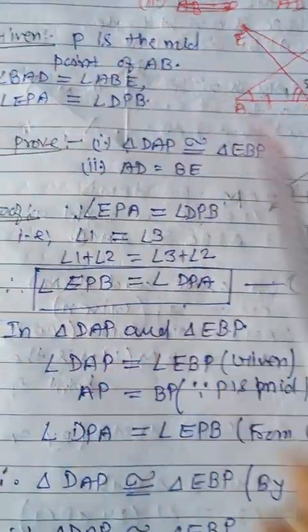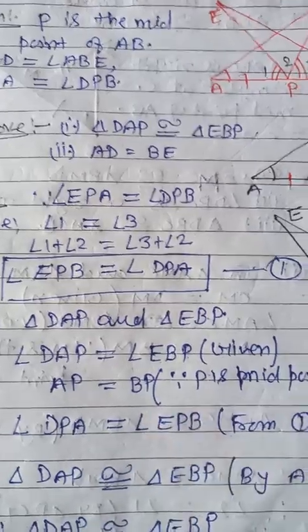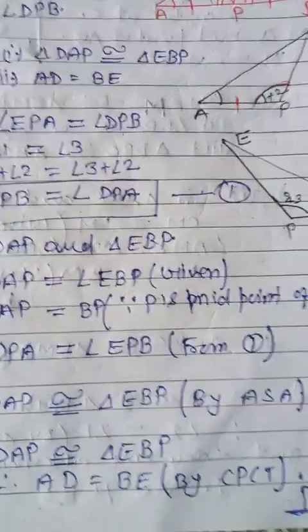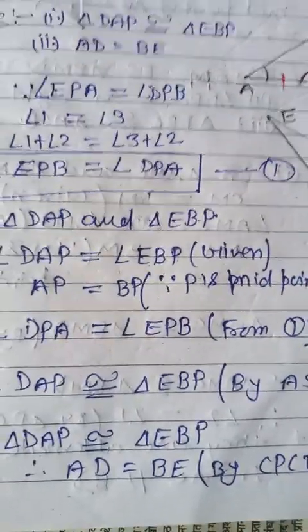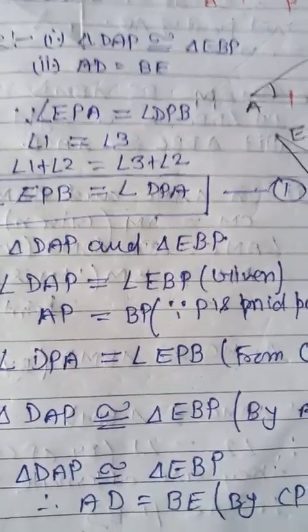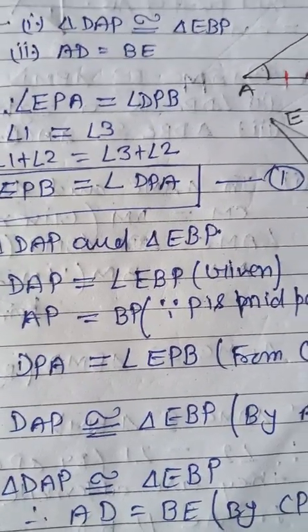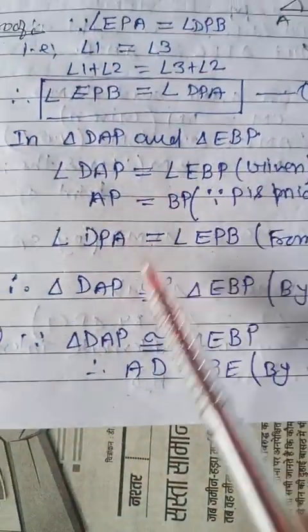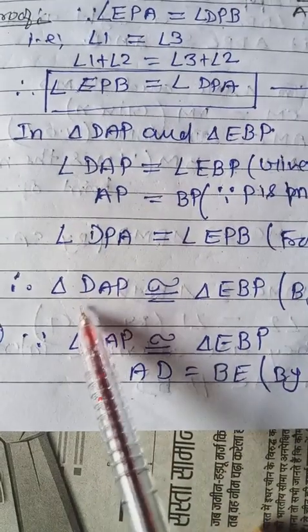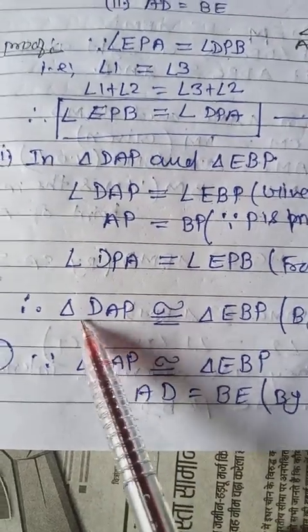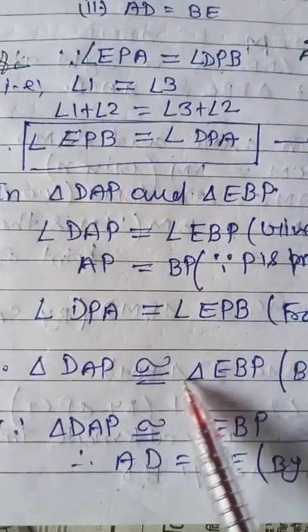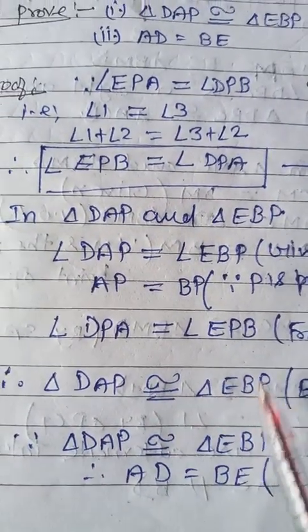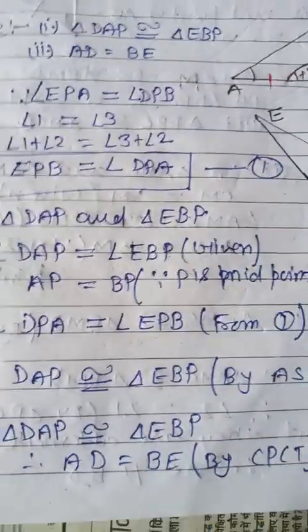Here AP is equal to BP because P is the midpoint of AB, and angle DPA is equal to angle EPB from equation first. So by using ASA congruency criteria, we prove that triangle DAP is congruent to triangle EBP by ASA.